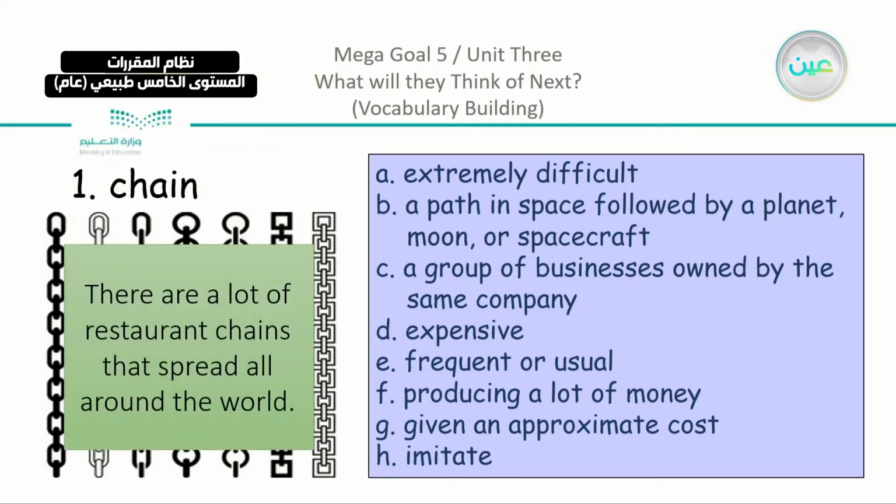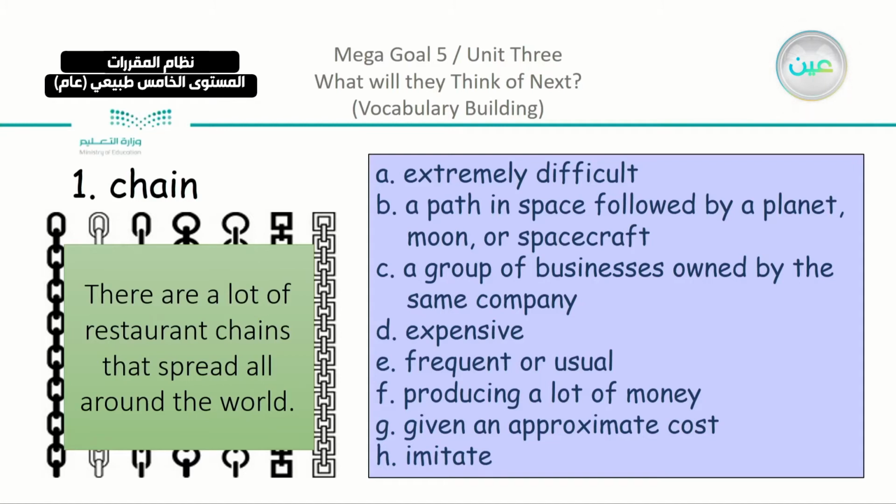Now here, chain can be a noun as this, or we can say in an example, there are a lot of restaurant chains that spread all around the world. So any famous kind of restaurant that you know has a lot of branches here in Riyadh, for example, or in Jeddah or in Al-Khubar, or actually it can be a chain worldwide known.